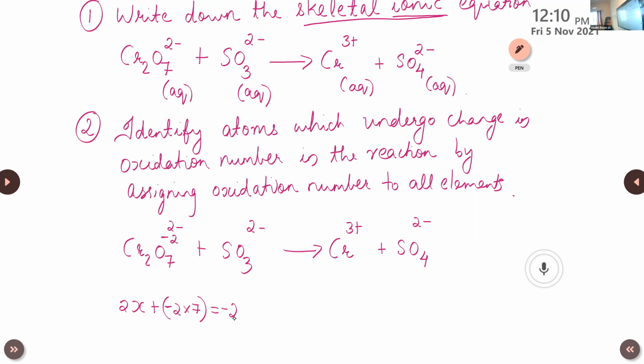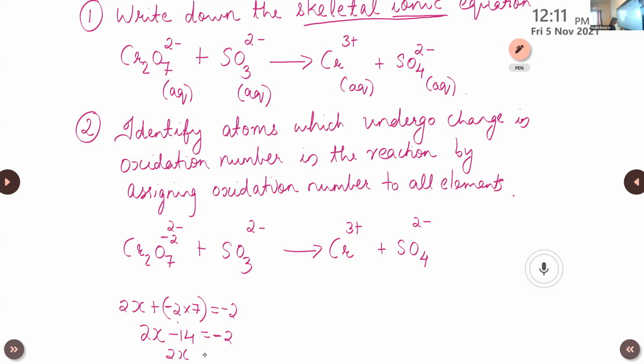This is clear? We take the oxidation state of chromium as X. There are 2 chromium atoms, that's why it is 2X. Then the oxidation number of oxygen is -2, there are 7 oxygen atoms, so -2 into 7, that will be equal to -2. So 2x minus 14 equal to minus 2.